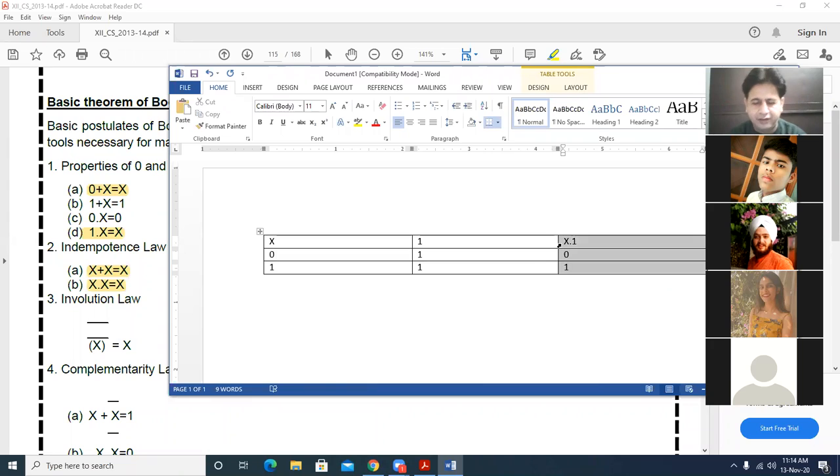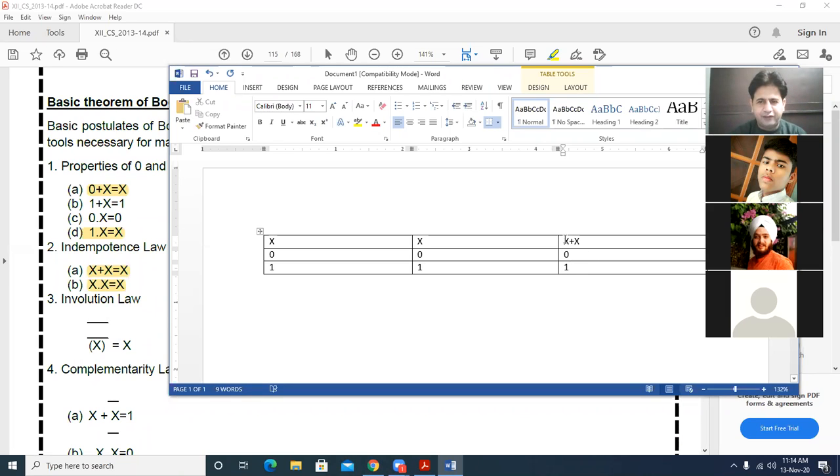The value of x is 0 1 0 and 1, and here we are using x plus x, plus means or. So 0 or 0 is always 0, and 1 or 1 is always 1. Look here, the last column is exactly equal to the first column, so this is the proof.